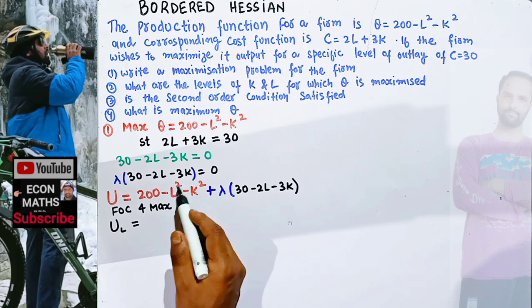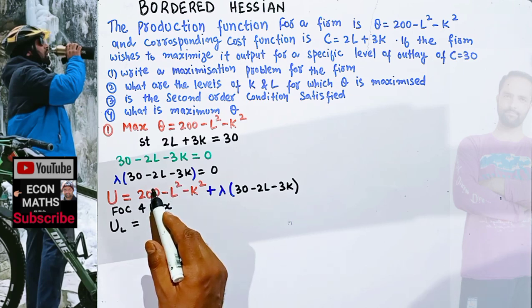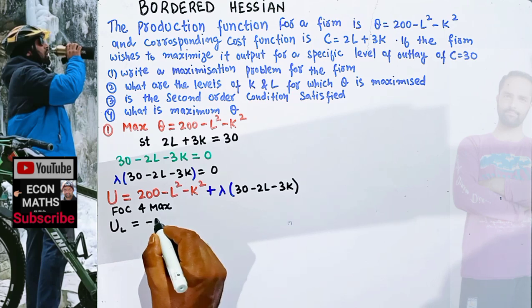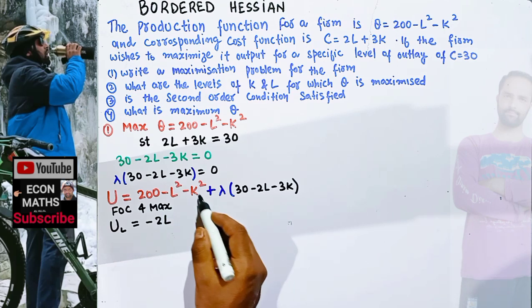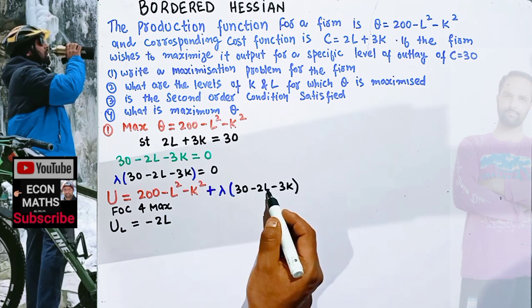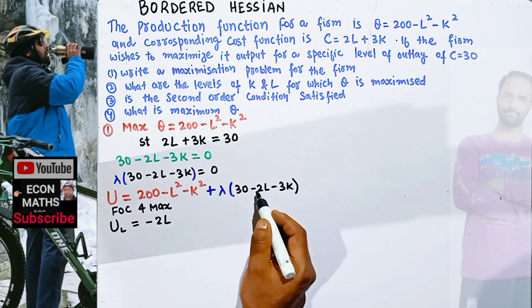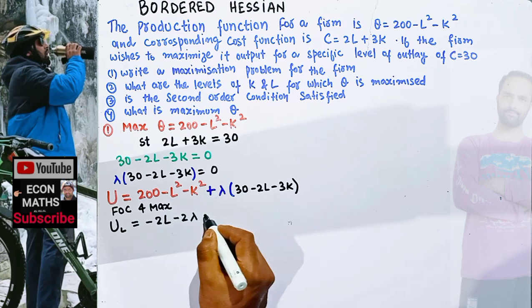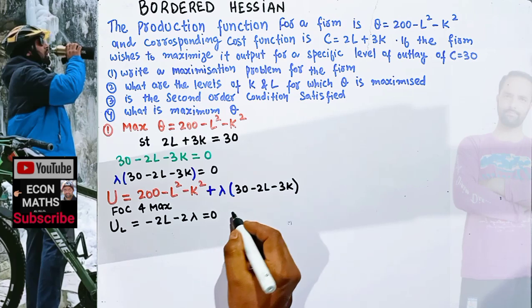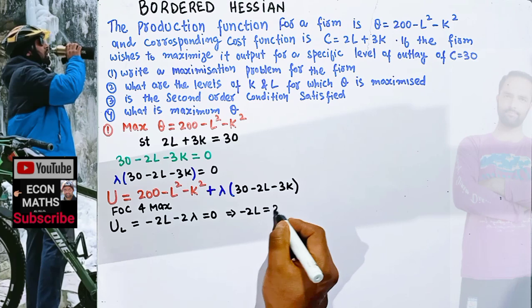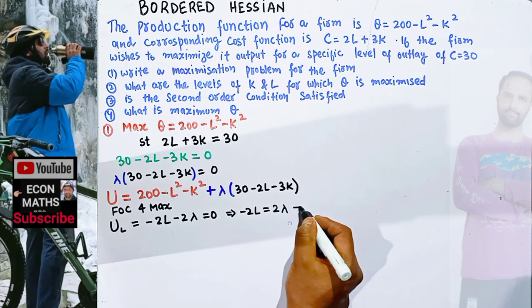Here no L is involved, so its derivative is 0. The derivative of L square is minus 2L, so we have minus 2L. Here we have L, the derivative of L is 1, so we are left with minus 2 into lambda, that is minus 2 lambda, and we set it equal to 0. We can write it in this fashion: minus 2L is equal to 2 lambda. Let us say this is equation first.